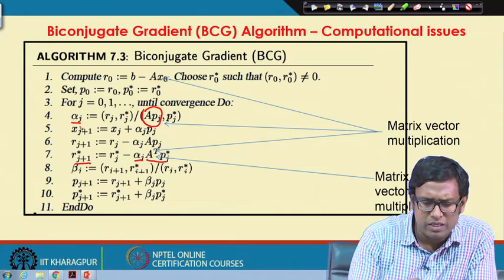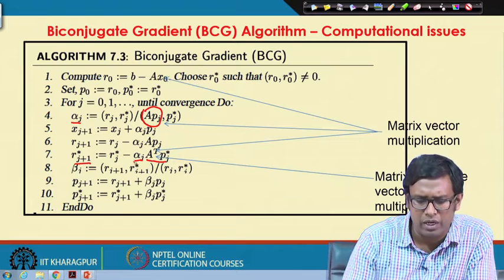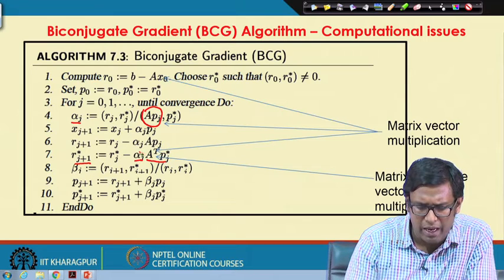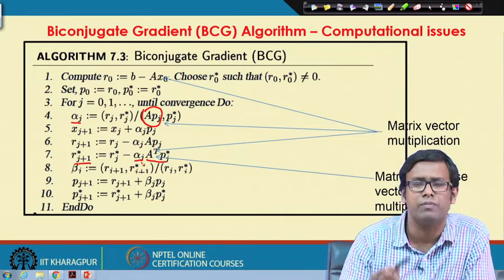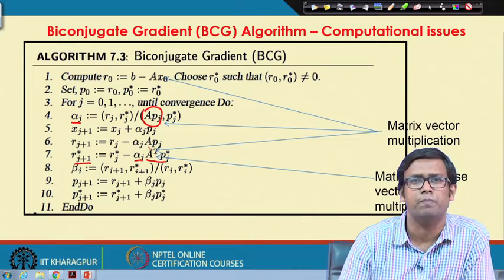Alpha is carrying this round-off error, and when we come into the R star j plus 1 step, this round-off error is again being added to the round-off error through our multiplication, which is obtained by multiplication of A transpose into P star.